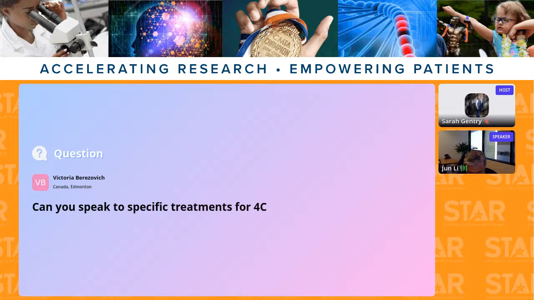CMT4C is caused by a mutation in a gene called SH3TC2, and these patients usually have early onset spine deformities and weakness in the muscle, and also high arch feet, as well as some sensory loss.